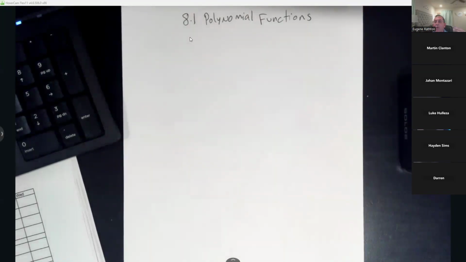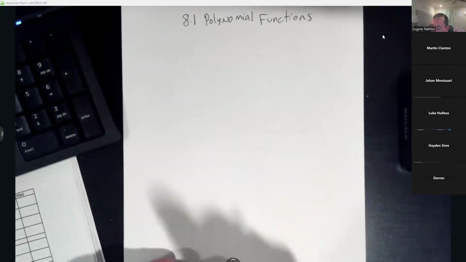Also, the first thing we're going to look at is how to predict what these polynomials will look like. So, what we're talking about is the end behavior of the graphs as those x's head towards negative infinity and positive infinity. So what does the graph do as it's heading out towards infinity?